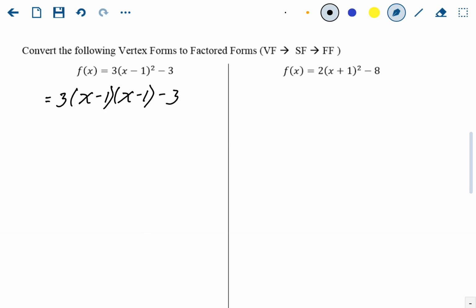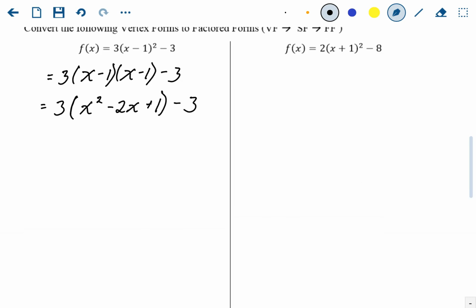Then we'll FOIL. You got a binomial times a binomial. First, outside, inside, last. It's going to be x squared minus 1x minus 1x is minus 2x, and plus 1, perfect square trinomial, minus 3. All right, then distribute.